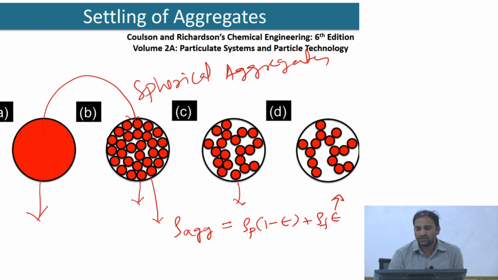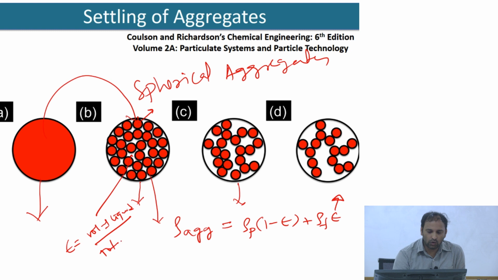Epsilon is called the liquid fraction. If I have this particle, there are solids here, and there are some vacant spaces. So epsilon is the volume of liquid in the aggregate divided by the total volume of the aggregate. That's the volume fraction of the liquid in the aggregate.